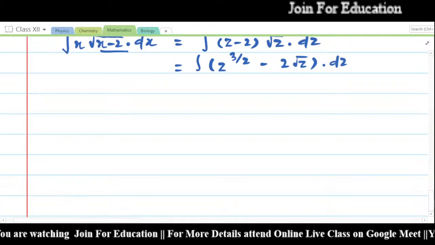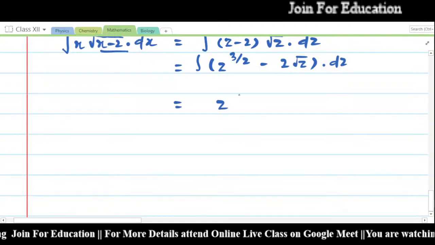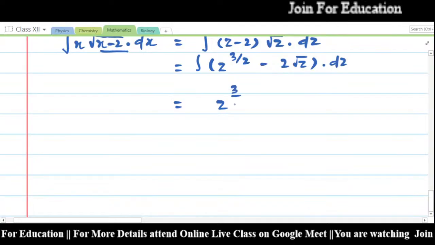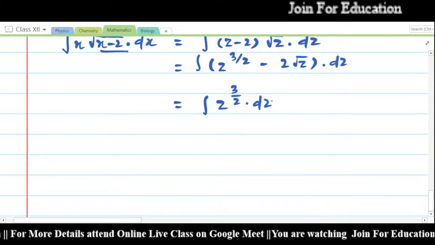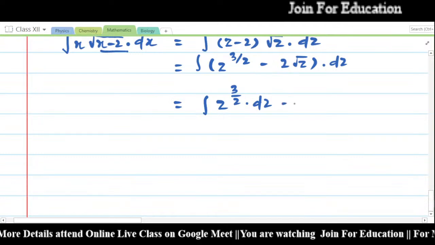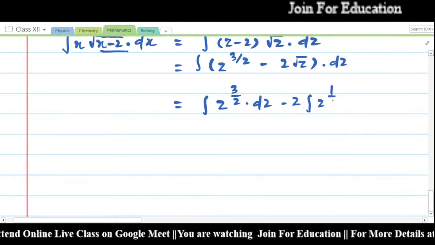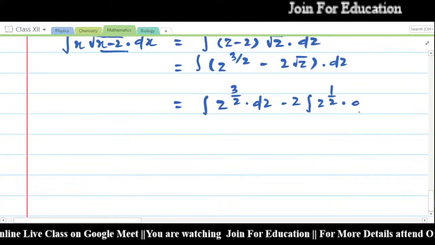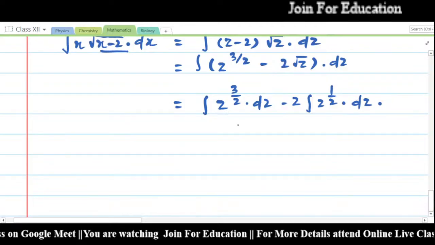So the next step will be equal to integration of z to the power 3 by 2 into dz minus 2 into z to the power 1 by 2 into dz. After that there is no problem to understand up to this step.